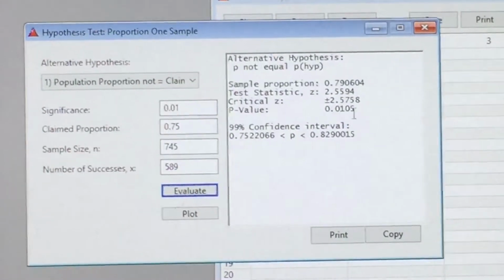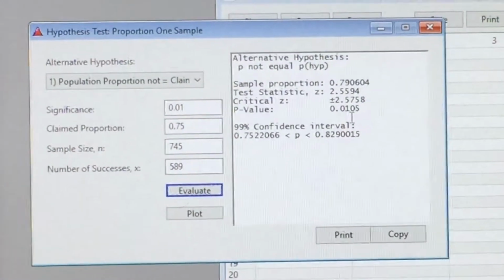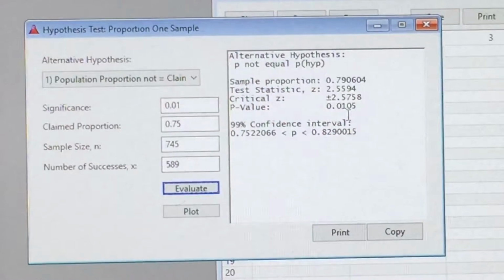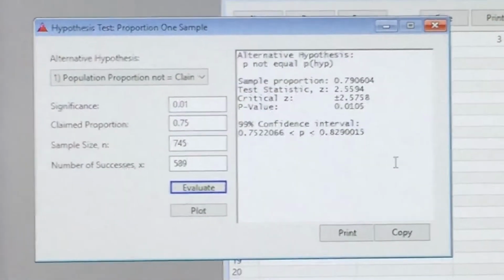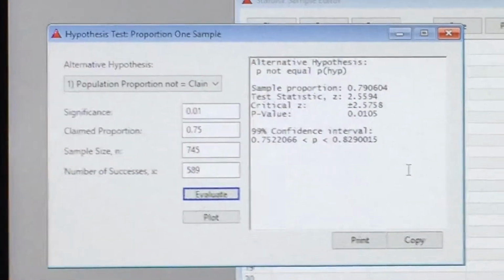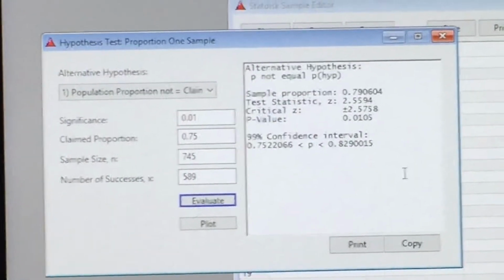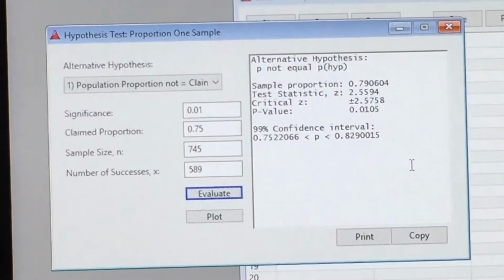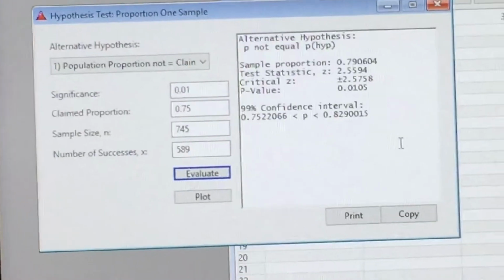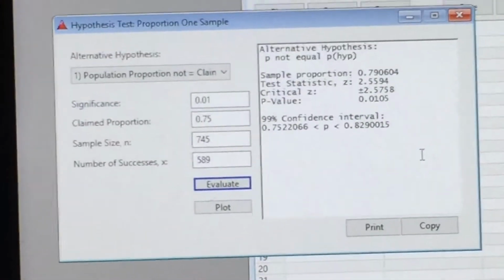And in this case, that 0.0105 is slightly above the 0.01 level of significance. So here you're going to fail to reject the null hypothesis and conclude that there is not sufficient evidence to reject the claim that 75% of adults say that it's morally wrong to not report all income on tax returns.